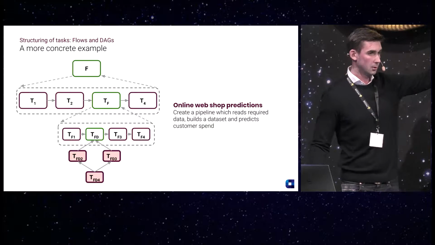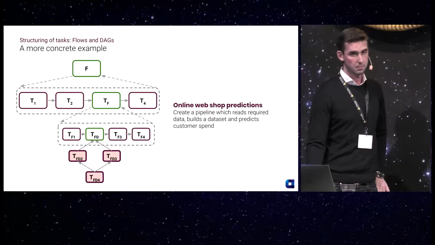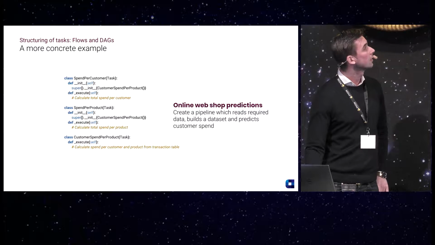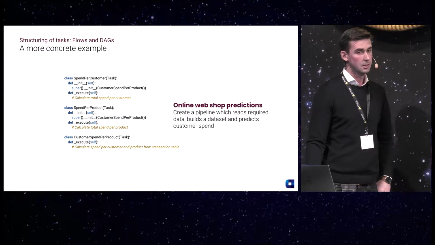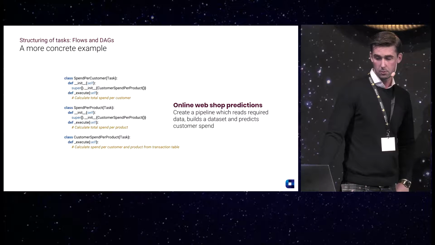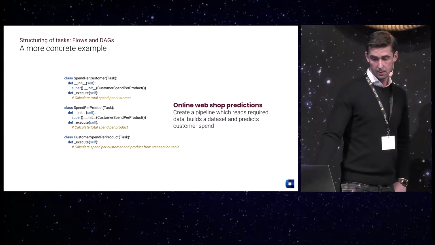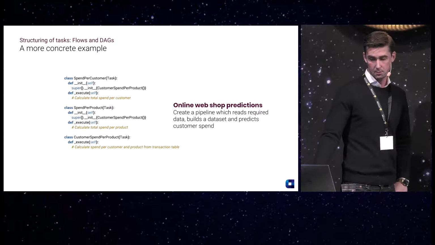And now to the bottom 3 tasks, which is the last piece of the puzzle here. Then we have spend per customer, which is dependent on customer spend per product. We have spend per product, has the same dependency. And then we have the last task, which is customer spend per product.